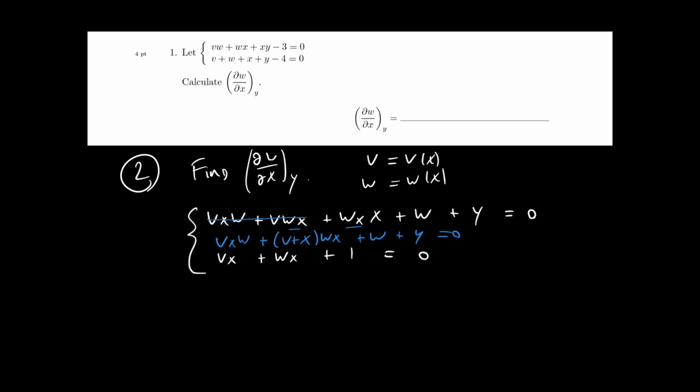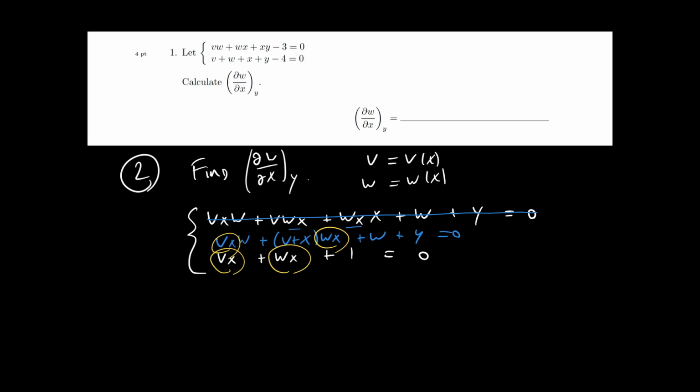Okay, so now we have two equations, and there are basically two derivatives that we could calculate from this. That's the derivative of v with respect to x and the derivative of w with respect to x. Well, we're clearly interested in the derivative of w with respect to x.